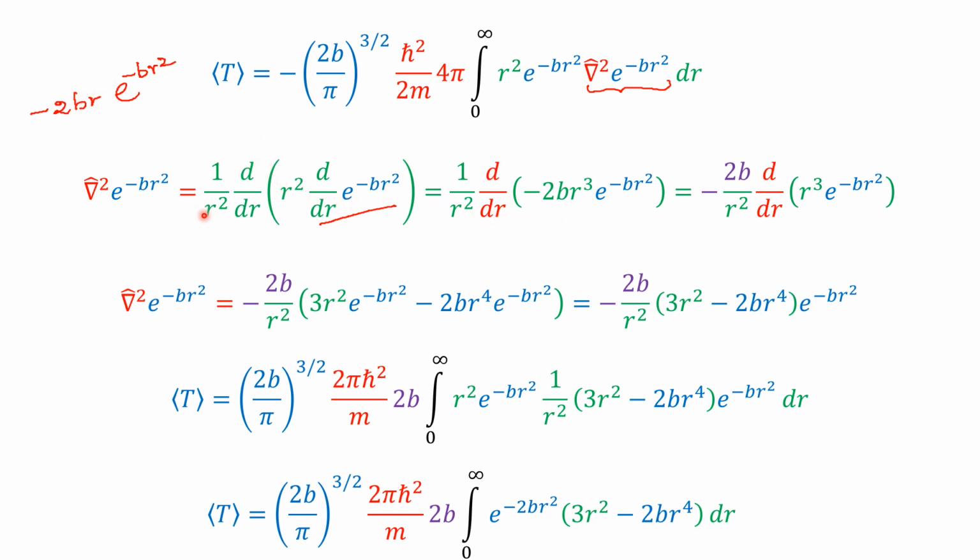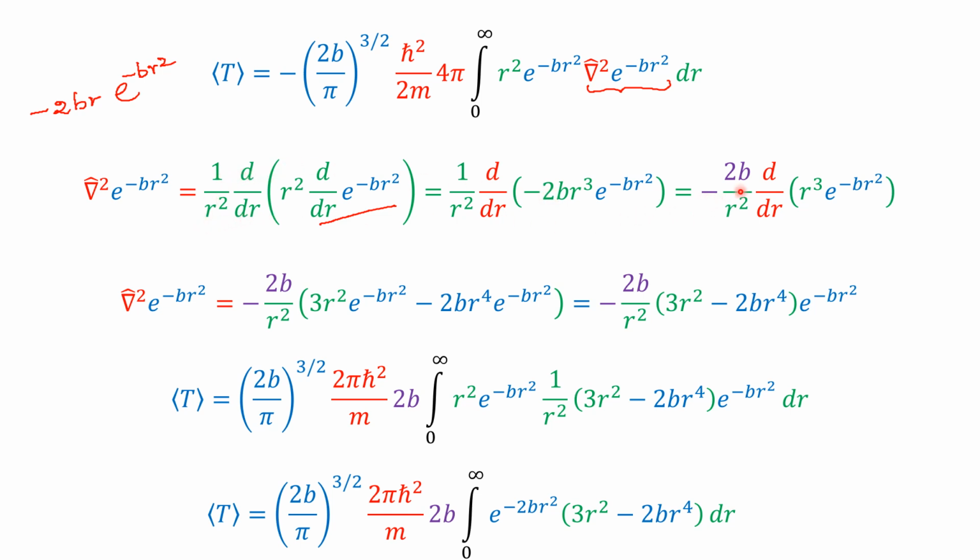Now another derivative, you have to differentiate this entire term inside the bracket. So the term inside the bracket is what we have just seen, minus 2p r cube e power minus p r squared. Now you take minus 2p outside, because it's a constant. Already outside there is 1 over r squared.